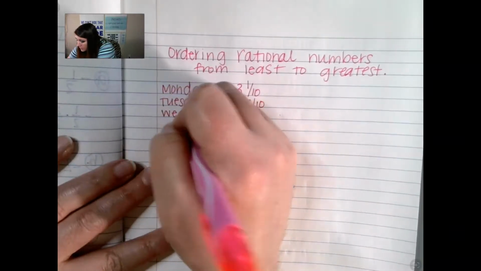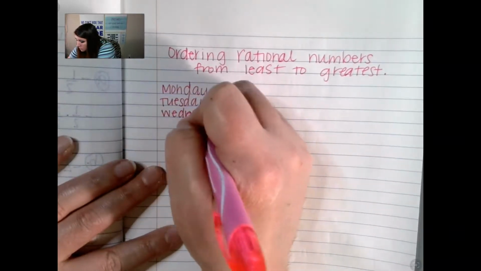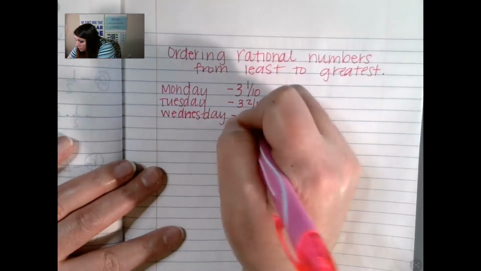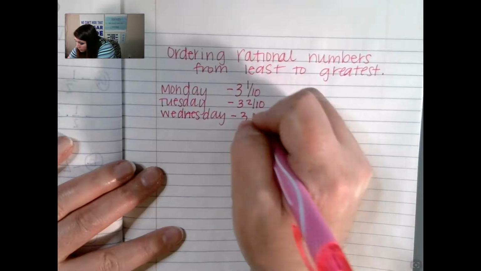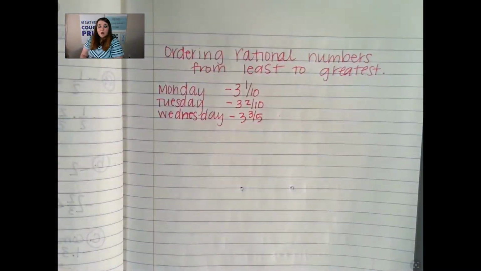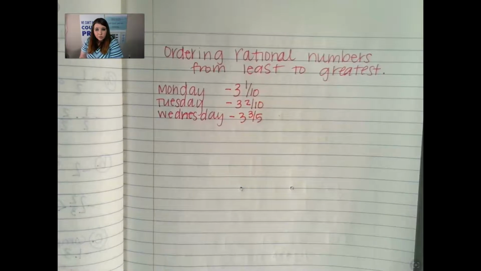And on Wednesday, it is -3 3/5. Okay, our job now is to put these in order from least to greatest.